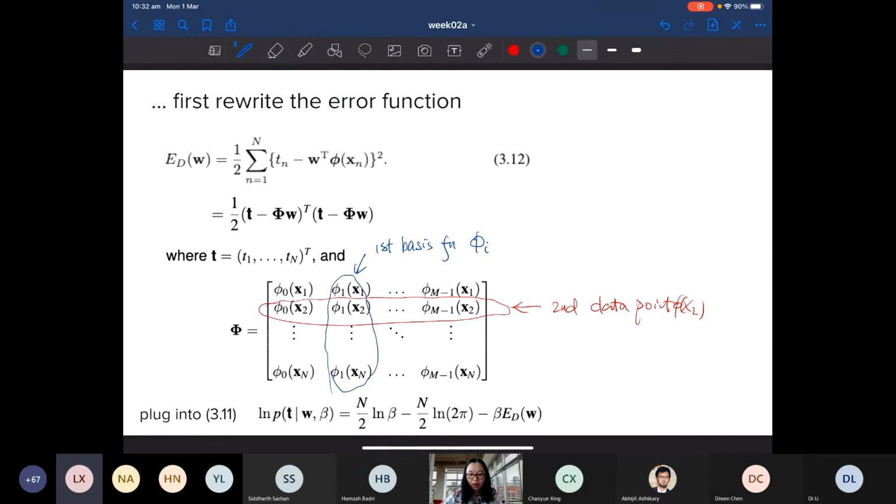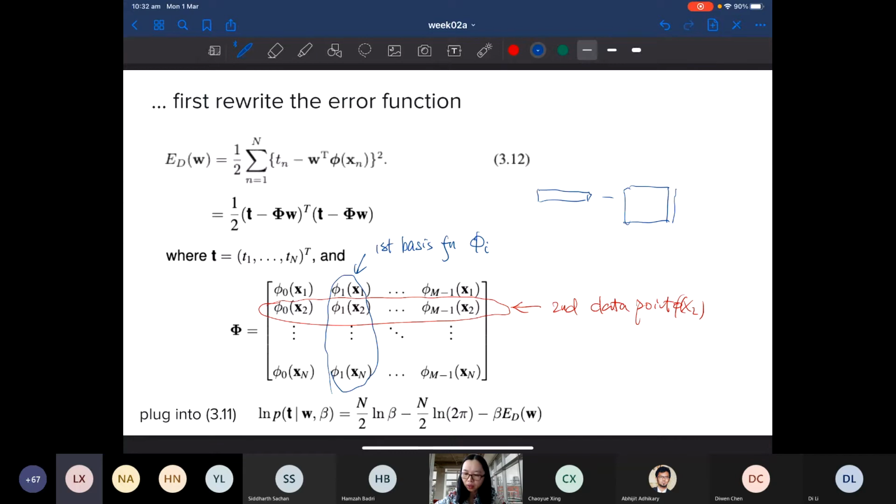We verify this inner product by mentally unpacking it as: T transpose is a row vector, right? And then phi is this matrix, and W is a column vector.